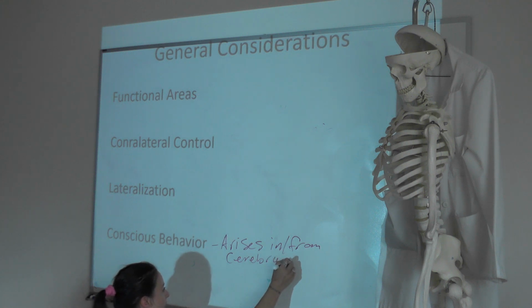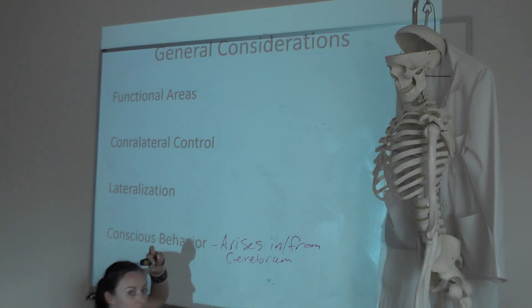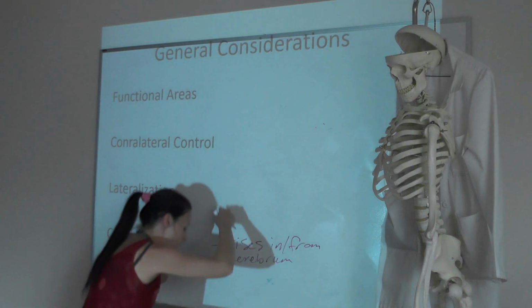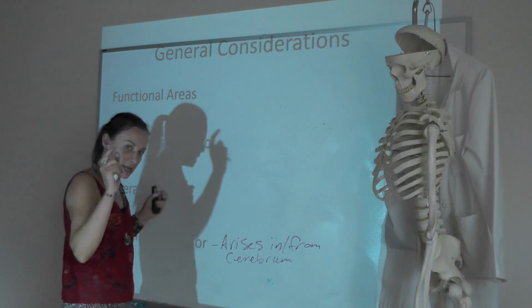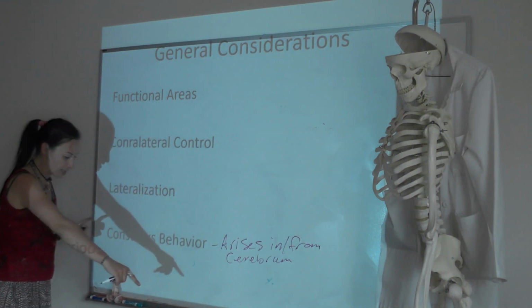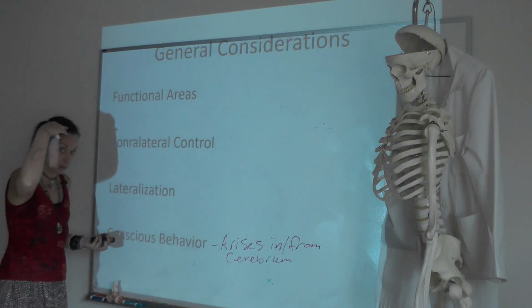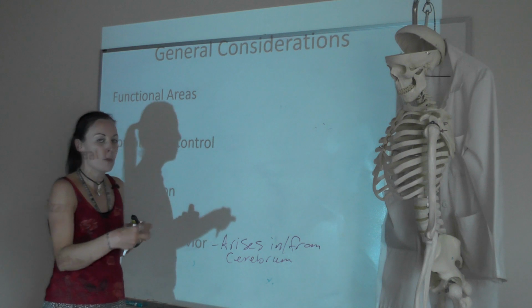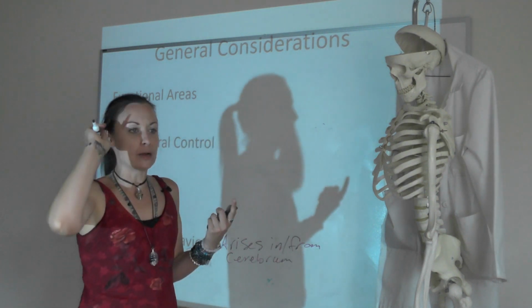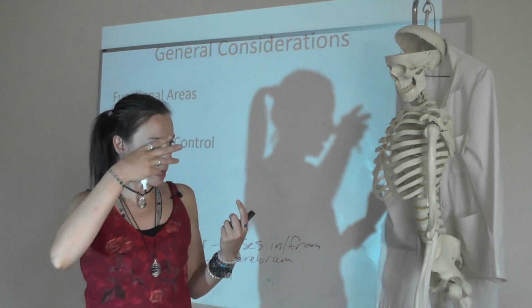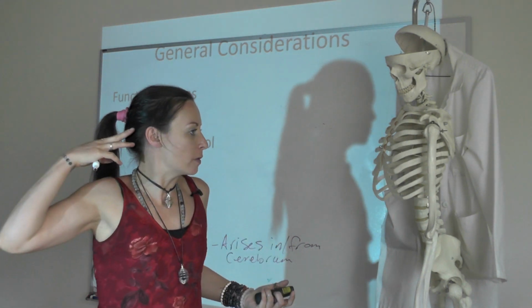So when I said like all of who you are is in those 2 millimeters of gray matter, that's true. Your consciousness is all being processed in your cerebral hemispheres. If you're consciously executing a voluntary motor command, it's coming from your precentral gyrus. If you're consciously responding to a general somatosensory input, that's coming to your parietal lobe. If you're consciously responding to a photon of light, it's going to your occipital lobe.